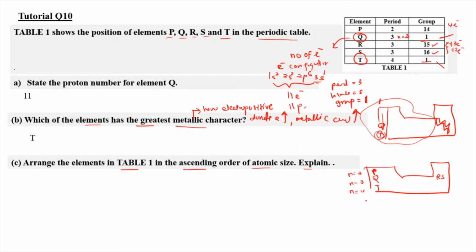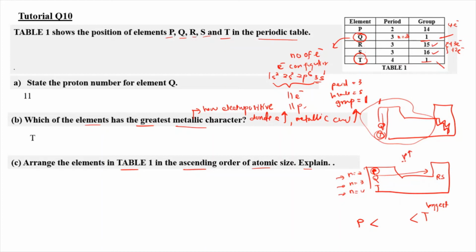So from here, you can look at the principal quantum number first. You know that T is going to be the largest size, and P here is going to be the smallest, because the principal quantum number here is 2. So you need to determine the sizes of Q, R, and S. In order to determine the sizes between these three, it is quite easy because across a period, the proton number increases.